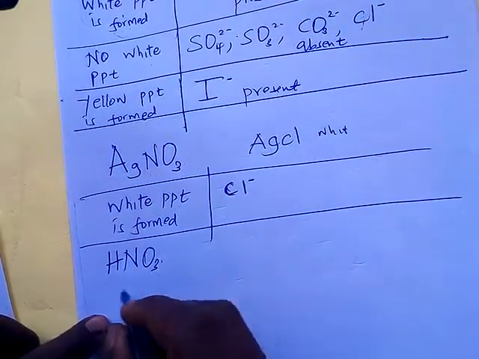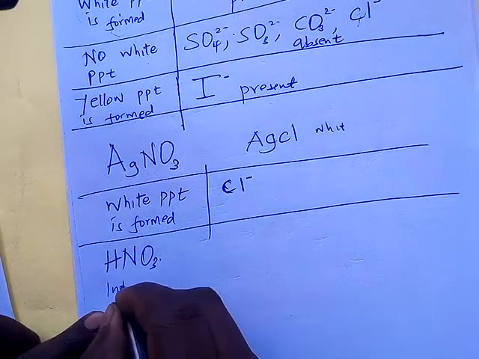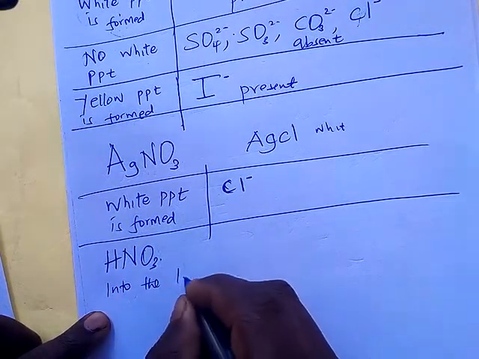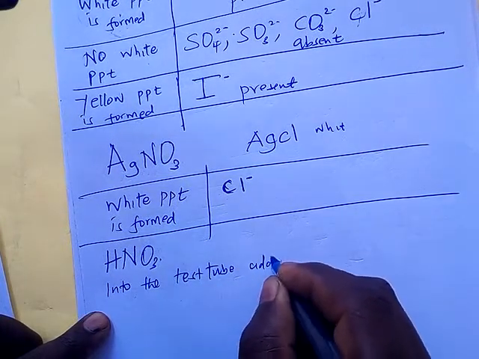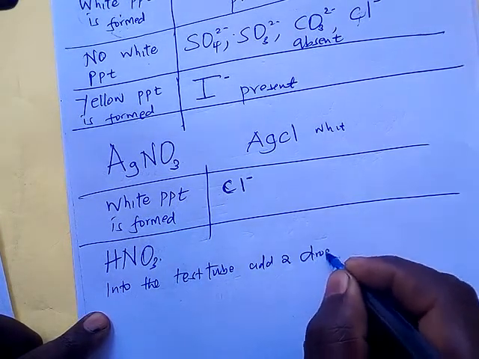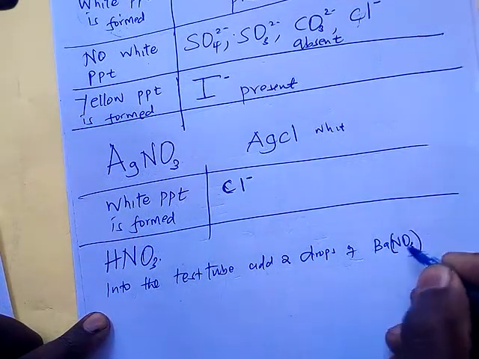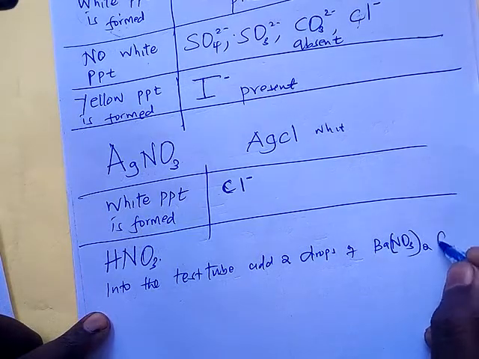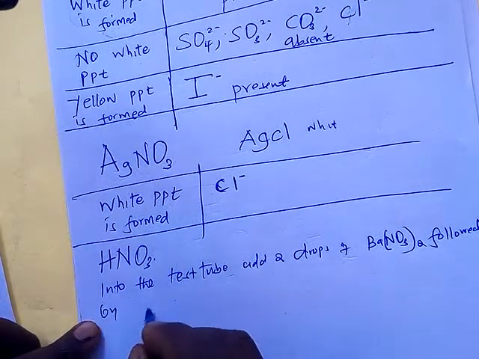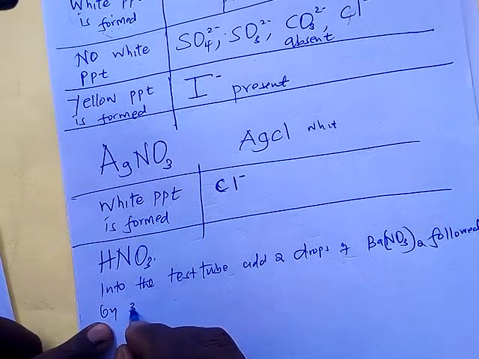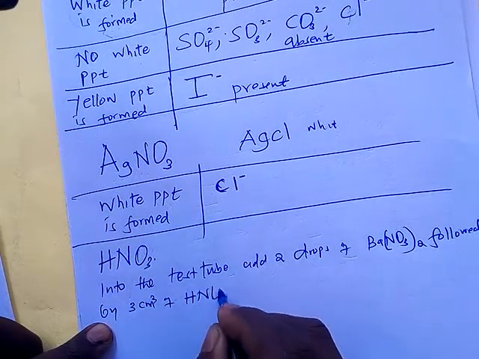So, for example, let me say this question: into the test tube, add 2 drops of barium nitrate, followed by 3 centimeters cube of nitric acid.